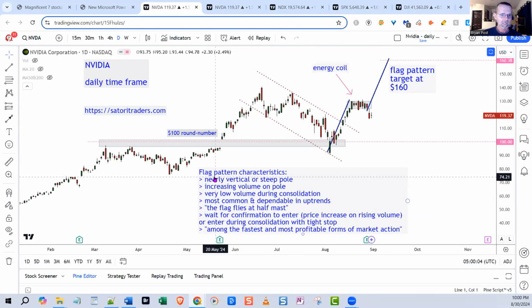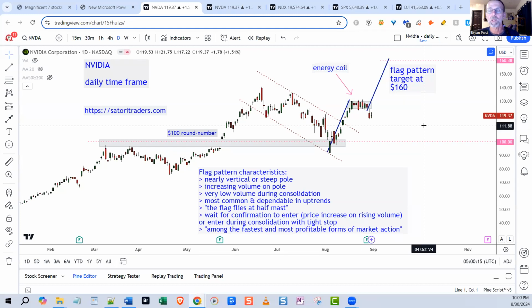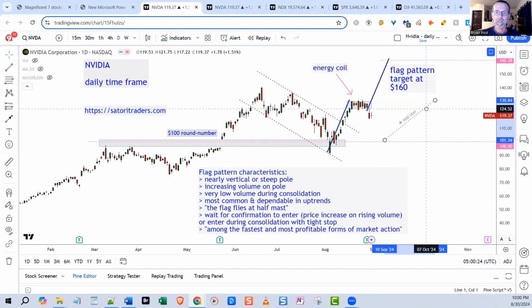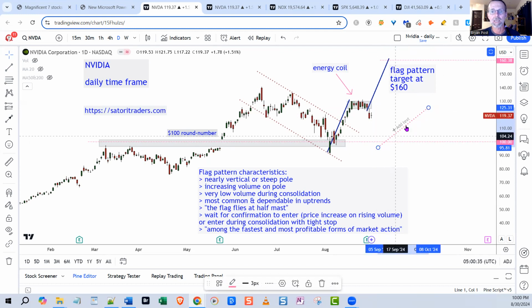Now let's look at these. Nearly vertical or steep. Clearly that's not vertical, but it is steep. In my mind, anything greater than a 45-degree angle is steep, and 45 degrees would be roughly something like that. Even a 45-degree angle is too steep for price to sustain at that rate of rise.